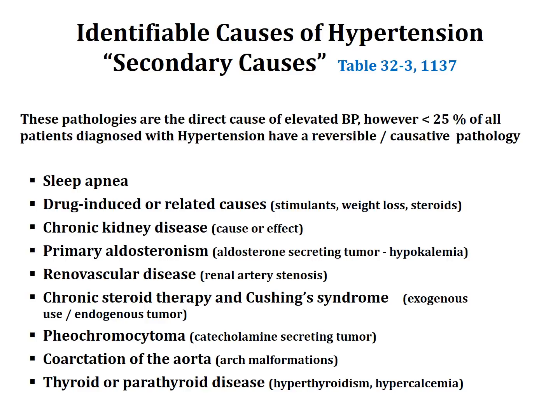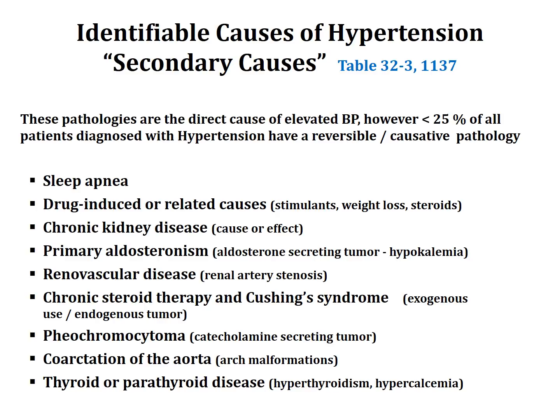If we can get on top of the pathology and reverse it, we would expect their blood pressure to come back to normal. About 1 in 4 adults have an identifiable secondary cause. Most adults with hypertension have what's referred to as essential hypertension. We'll talk about that in the next slide.